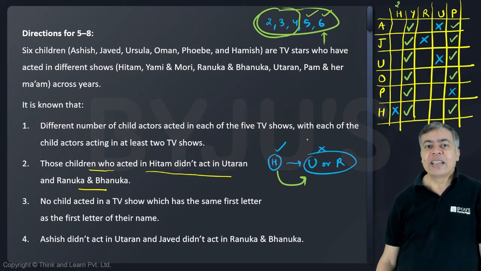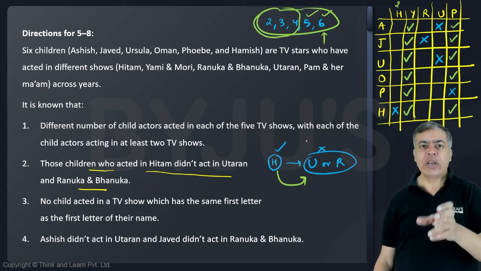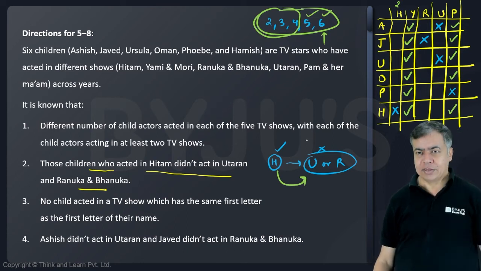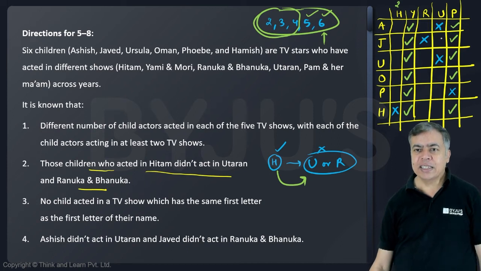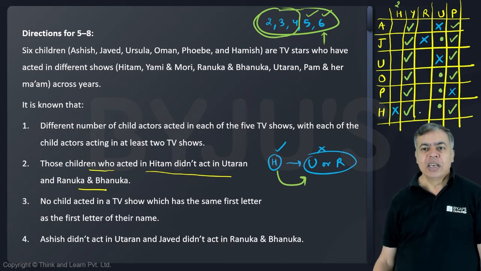So let's take the first case. In U we have 4 actors, then it will be this case. I can have this here, this here, this here, because others are not possible. So here U4. If U is here, now that means H cannot be here.